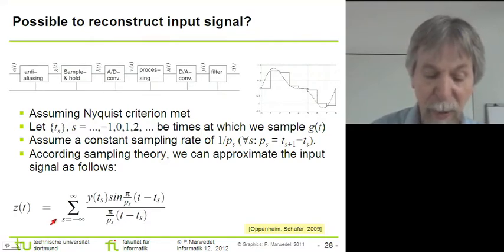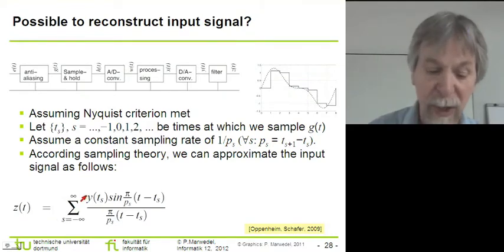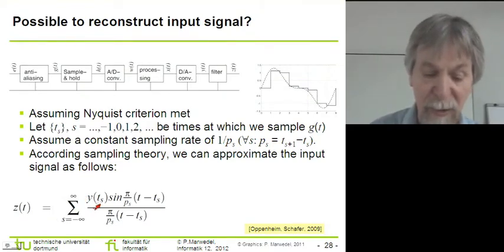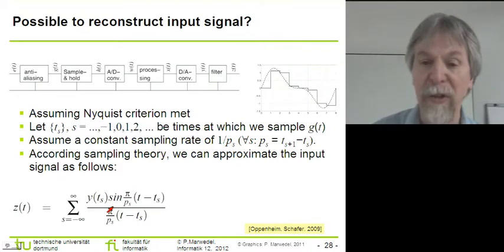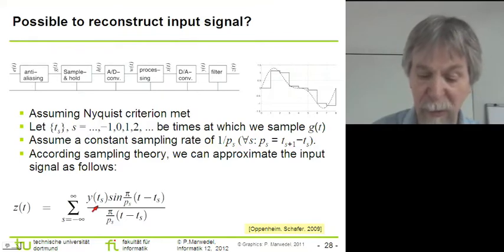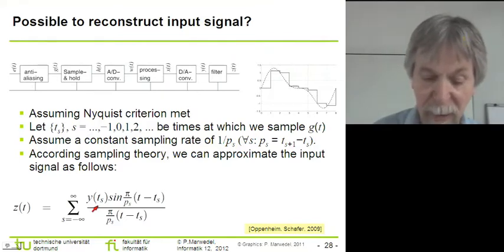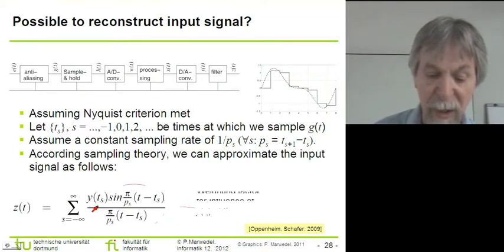We can do this by summing up over all the different samples that we have for the different sampling instances there. And we have to consider a certain weighting factor that will interpolate between the values that we have for the sampling instances. Now, the interesting factor in this case is indeed this weighting factor.